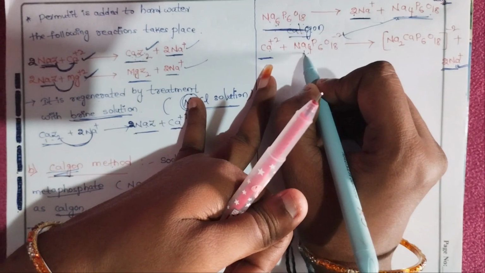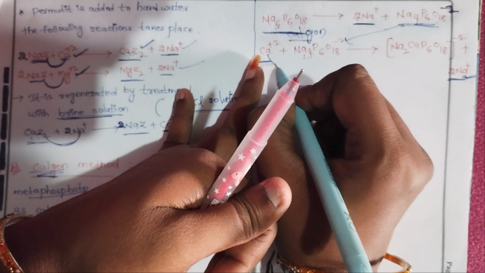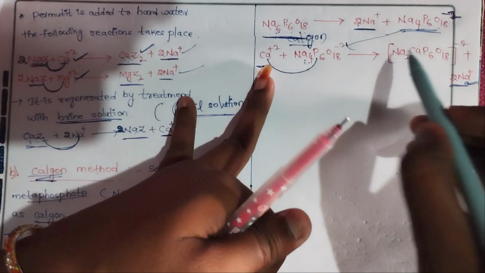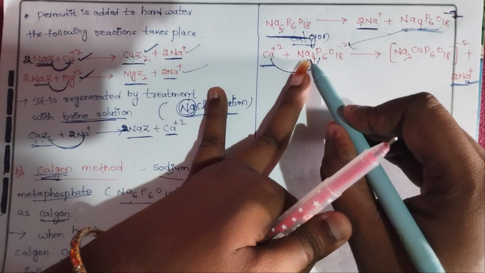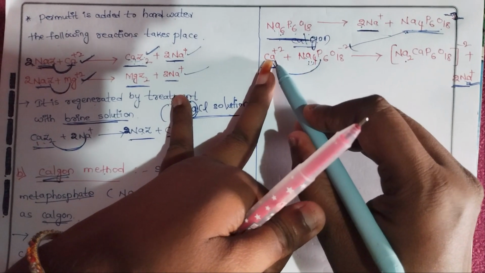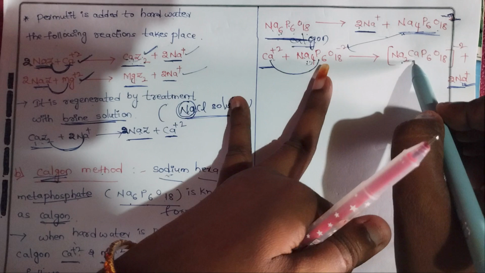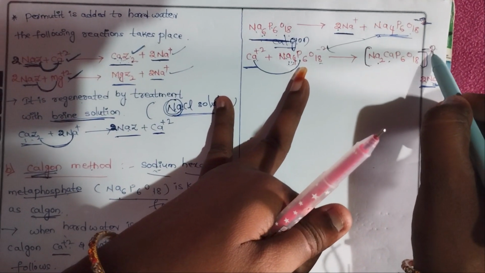How many sodiums are present in this? 2 sodiums. So these are inserted onto this calgon. How to write that? Na2, and inserted with the calcium as it is, and P6O18 with charge -2.